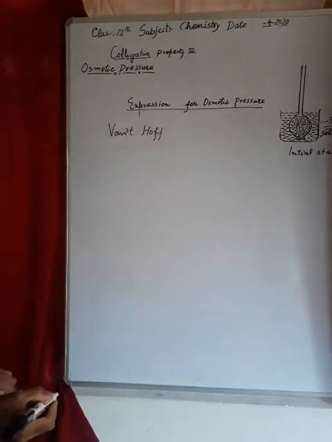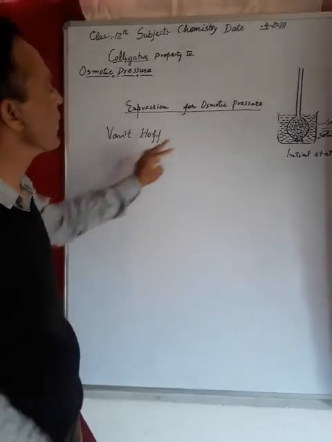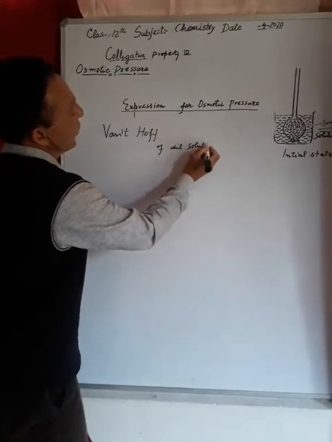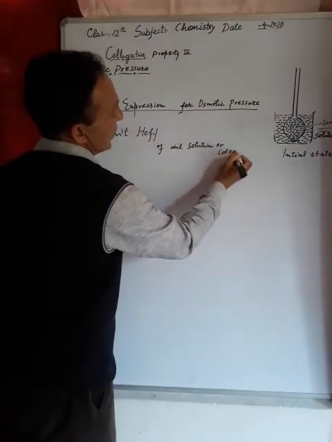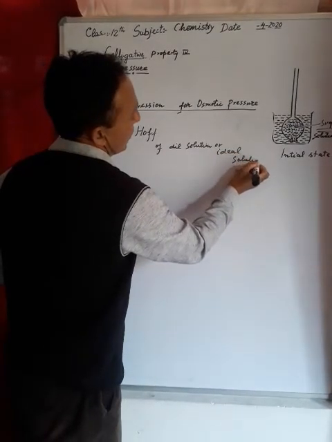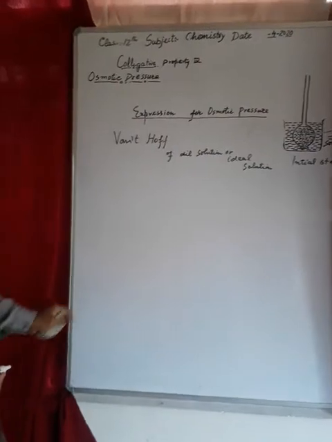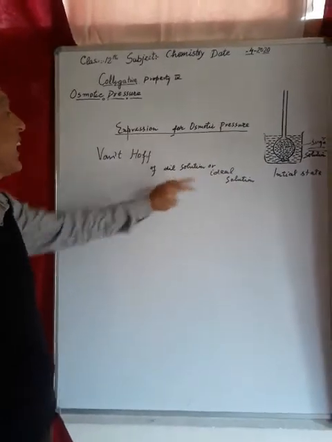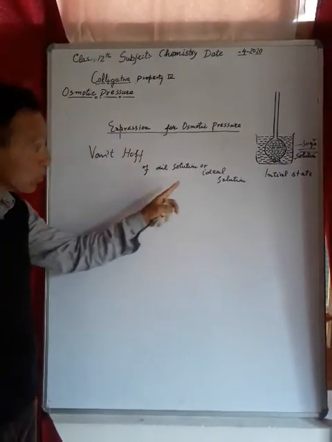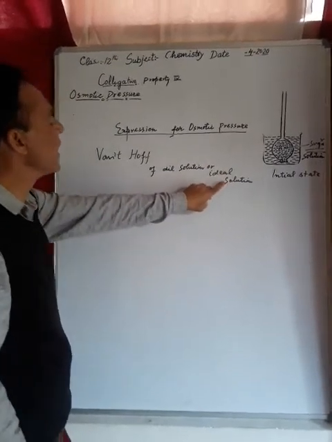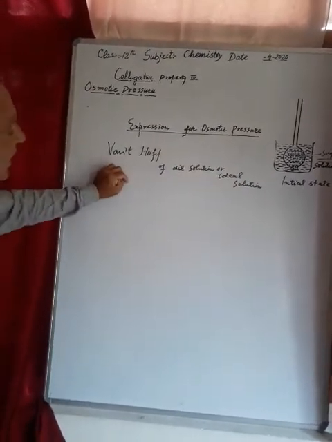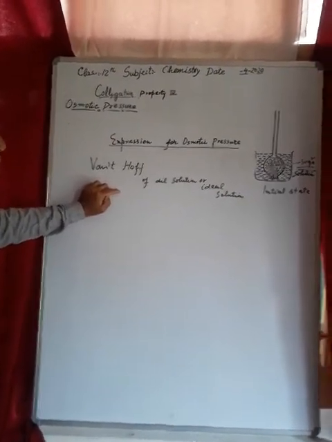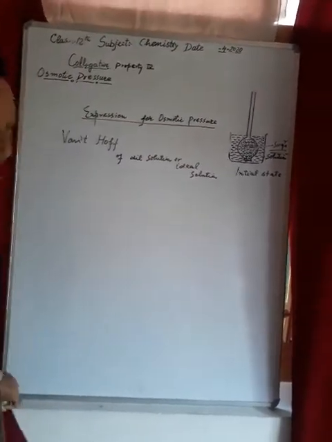Van 't Hoff made a thorough study of the osmotic pressure of dilute solutions or ideal solutions. He concluded that these solutions behave like ideal gases. What solutions? These dilute solutions or ideal solutions behave like ideal gases, and different gas laws can be applied to these solutions as well.